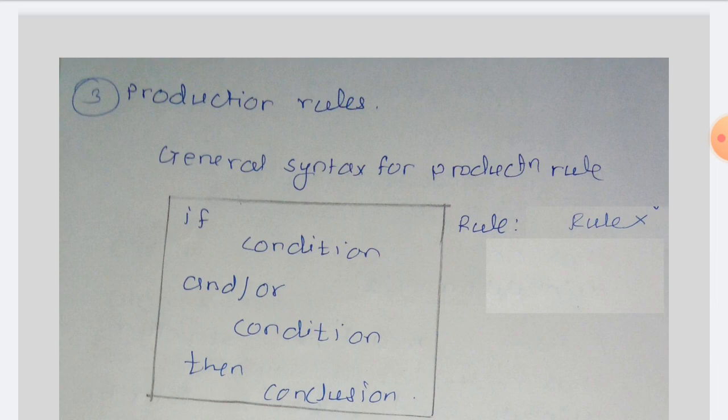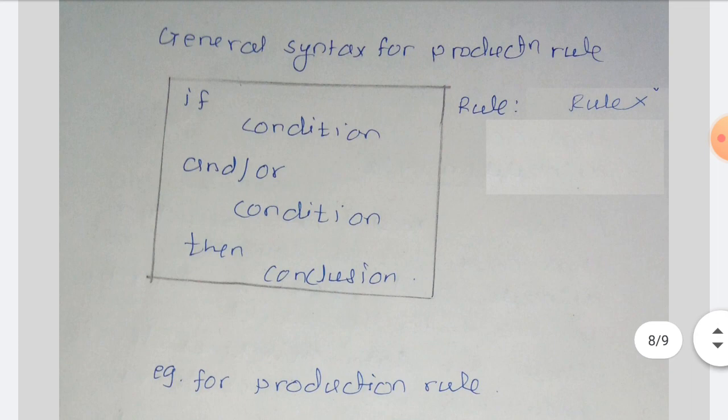Now here some examples are given based on production rules. Here we are using if, and, or, then. We use an if-then condition, and or then another condition, then the conclusion. If this and this have happened, then only can I conclude.